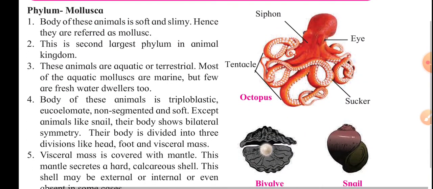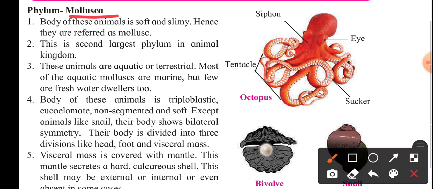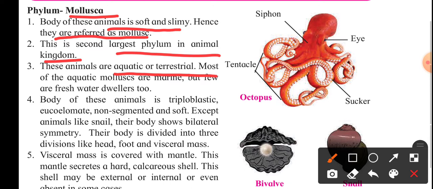Then the next phylum we have to discuss is Mollusca. The body of these animals is soft and slimy, hence they are referred to as mollusks. This is the second largest phylum in the animal kingdom. These animals are aquatic or terrestrial. Most of the aquatic mollusca are marine, but a few are freshwater dwellers too. The body of these animals is triploblastic, eucoelomate, non-segmented, and soft. Except animals like the snail, their body shows bilateral symmetry.